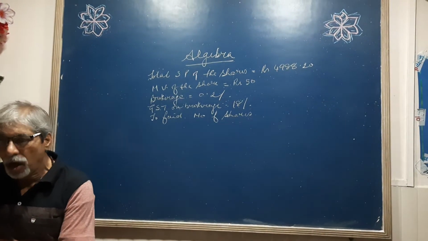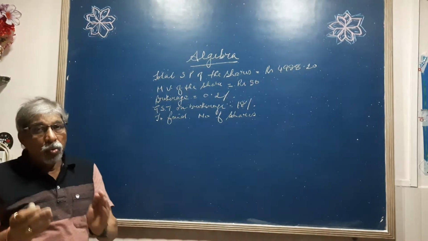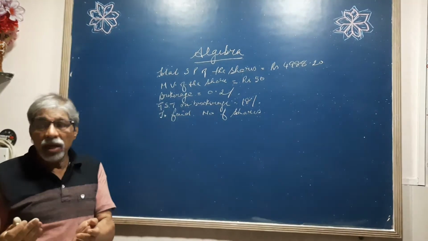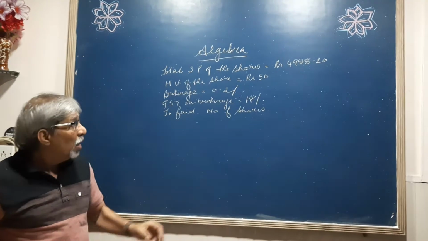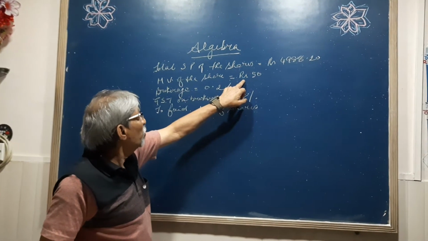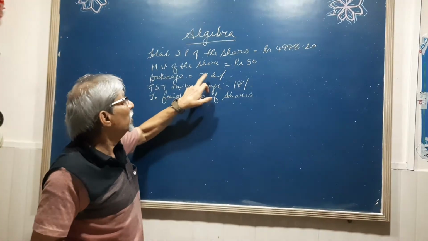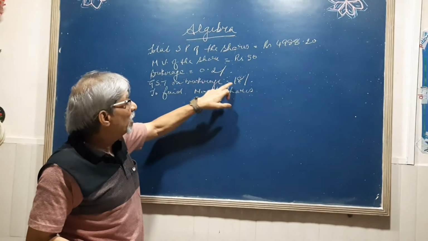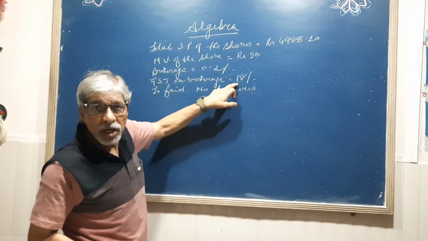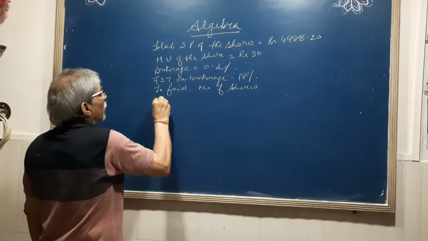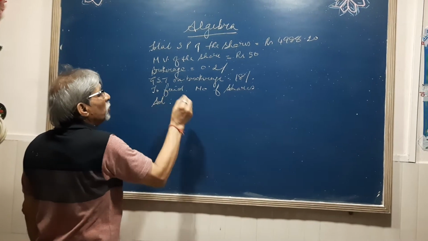Here we will find out what per share Mrs. Desai has received. On the market value, we will first find out the brokerage and then we'll find out GST on brokerage. So first, solution.